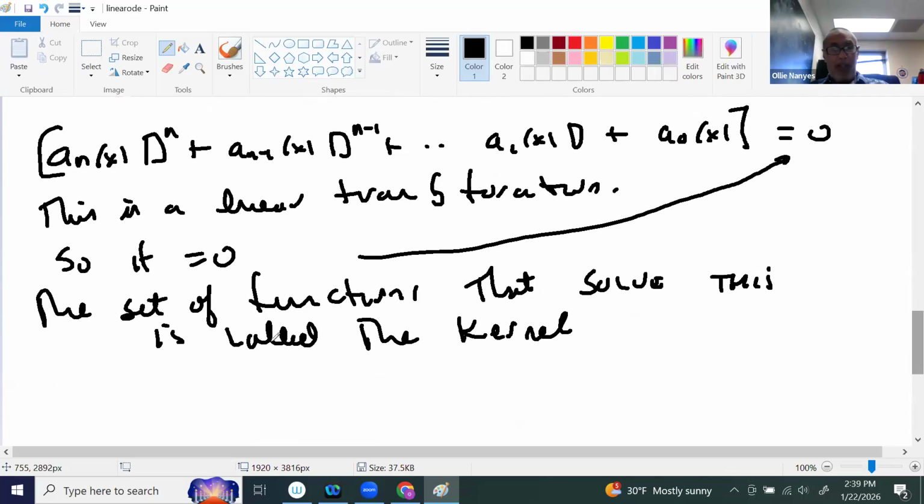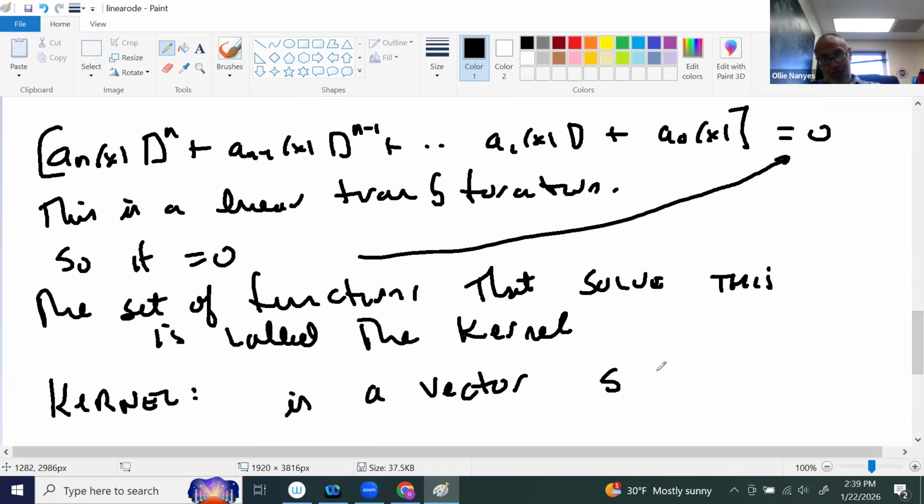And you learned in linear algebra, the kernel, or the null space, is a vector subspace. And what that means is that if you have two functions that are in this kernel, you can take any linear combination of them and they will be in this kernel.